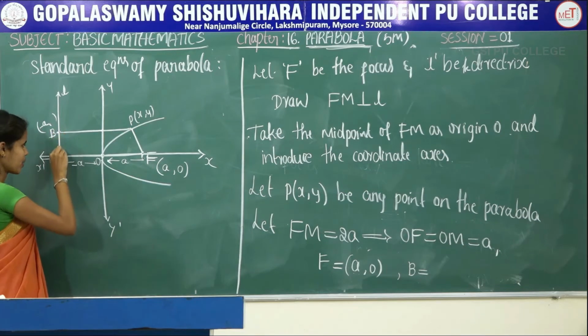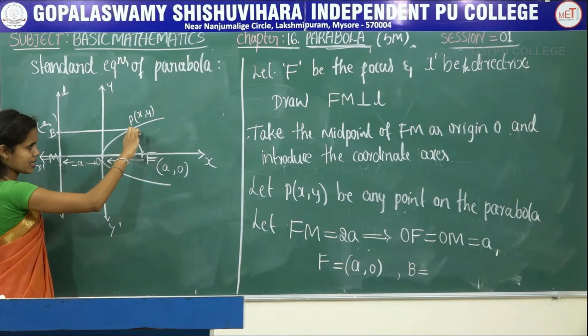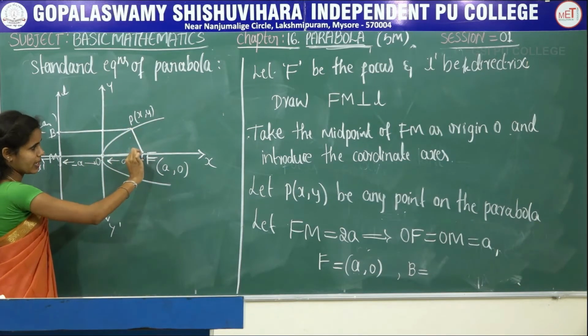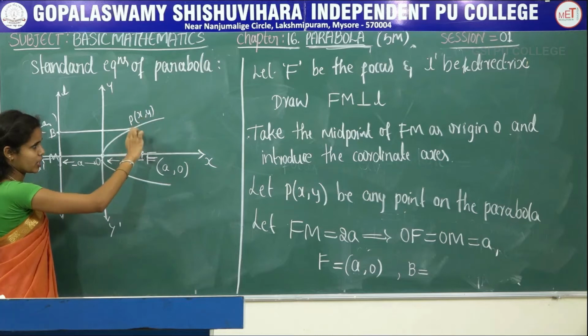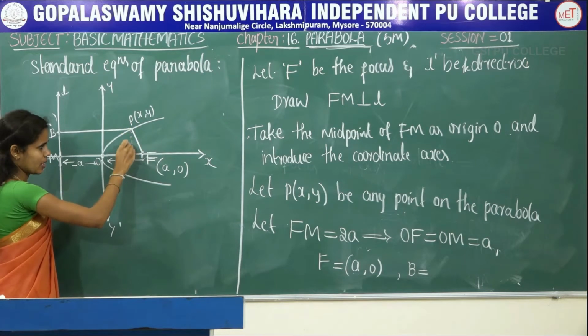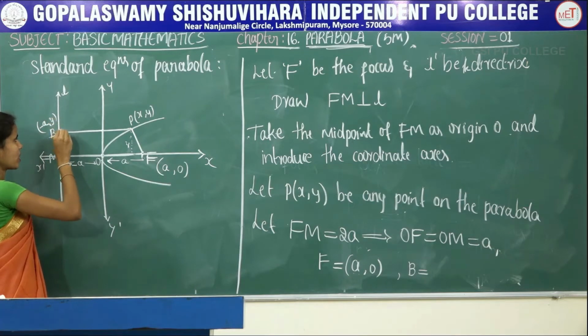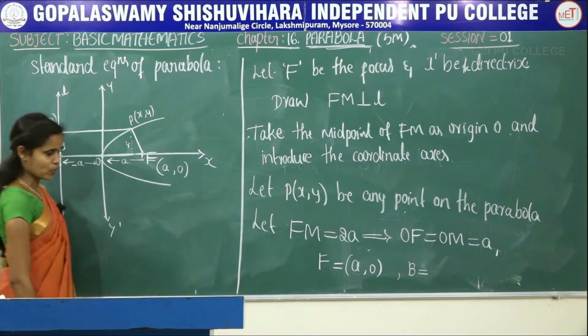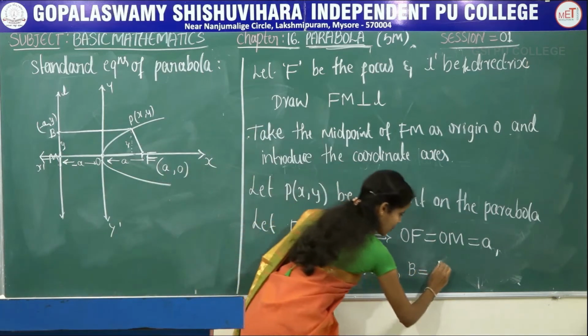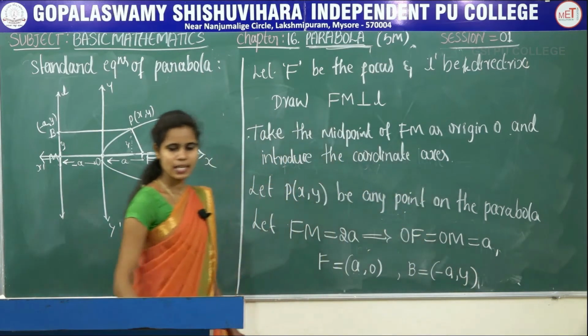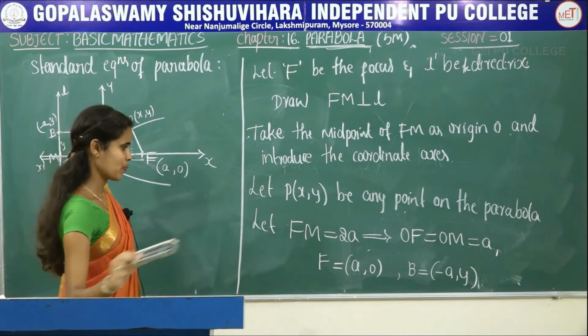The y coordinate means the perpendicular distance from the x-axis. Observe, this distance is the same as this distance, which is y. Therefore, BM is equal to y. Therefore, coordinates of B are minus a, y.